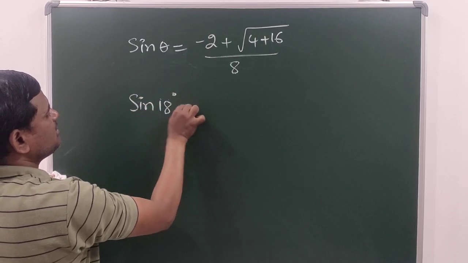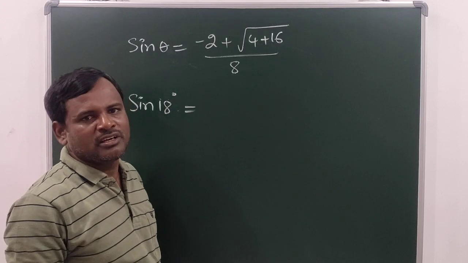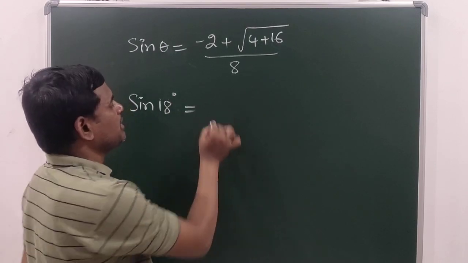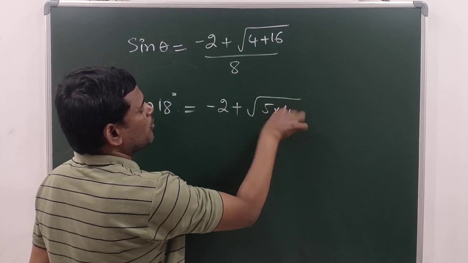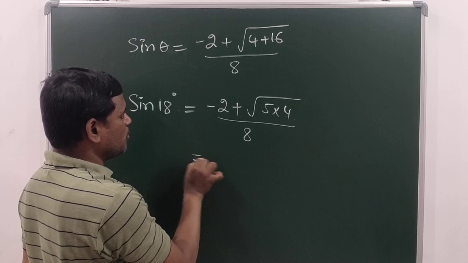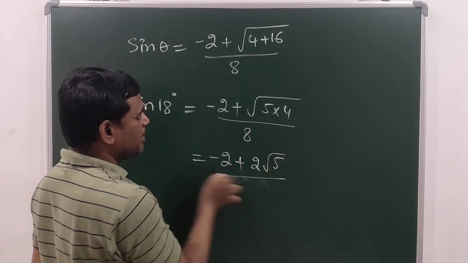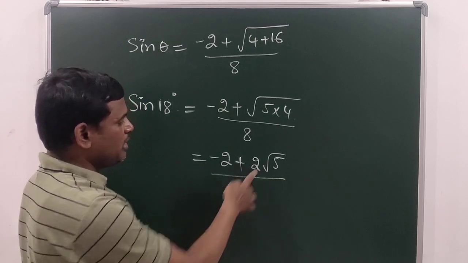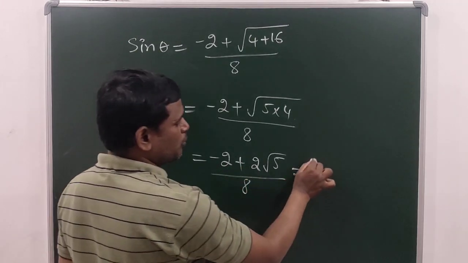Sin 18 degrees is equal to, now 16 plus 4, 20. So you know square root of 20 can be written as 5 into 4 by 8. Now square root of 4 value is 2, so minus 2 plus 2 root 5 by 8. Now take 2 common from the numerator.